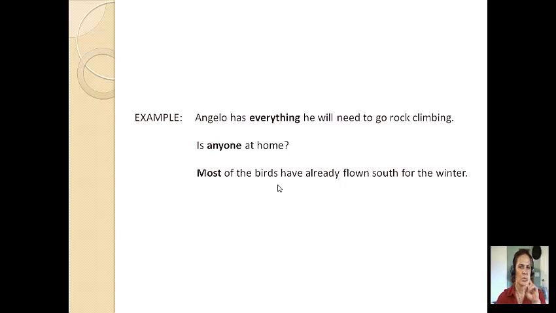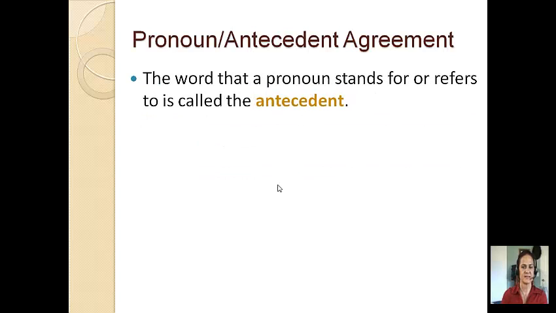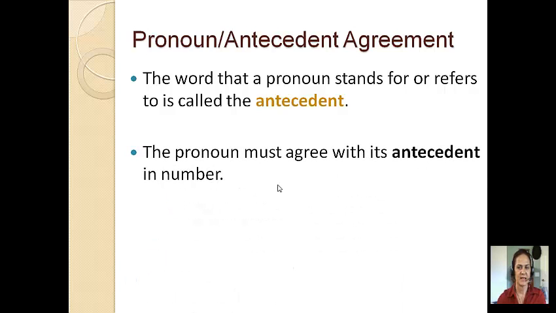Okay. One last thing I want to remind you of before we leave this is your pronoun antecedent agreement. Remember that the antecedent is the word that the noun relates to or stands for in that sentence. And you have to have agreement in number for them.